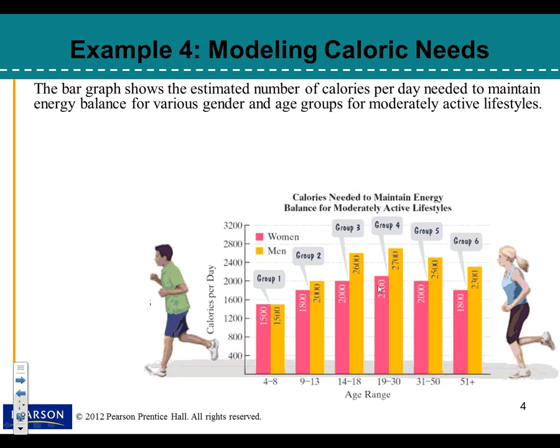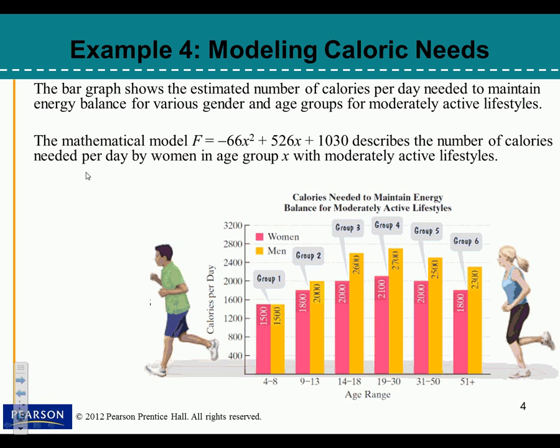We have a bar graph below that shows the estimated number of calories per day needed to maintain energy balance for various gender and age groups for moderately active lifestyles. The mathematical model F equals negative 66x squared plus 526x plus 1030 describes the number of calories needed per day by women in age group x with moderately active lifestyles.